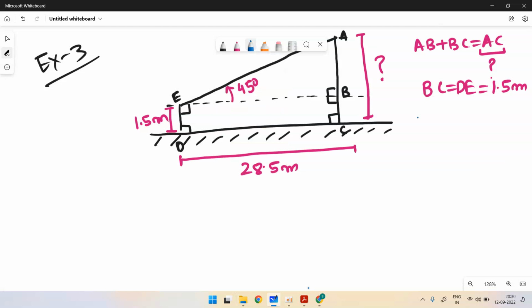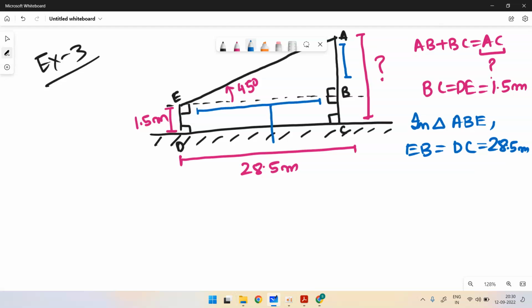Now you can see in triangle ABE, we need to look at this triangle. AB is equal to DC, which is 28.5 meters. Now with respect to 45 degrees, AB is perpendicular and EB is base.